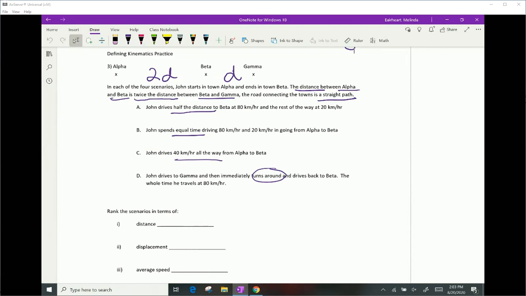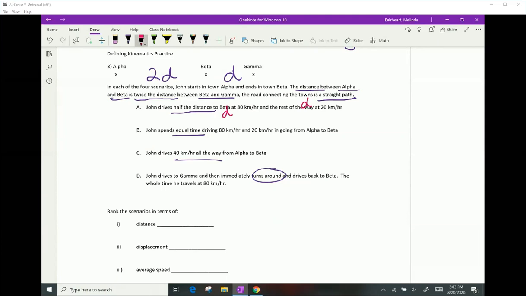Whether you choose to do concepts or math, you have to recognize that half the distance, alpha to beta, okay? You can think of this as 2 intervals. Half the distance to beta would just be D, and the other half would be D. So they have the same distance.